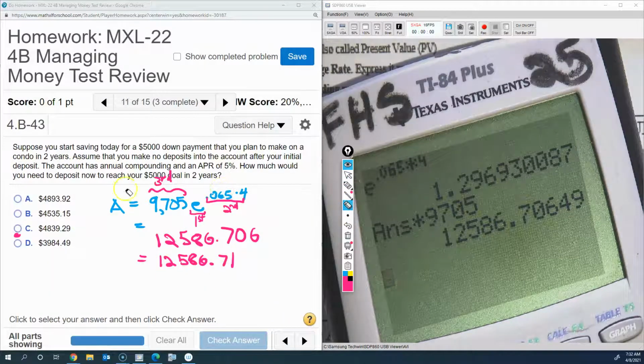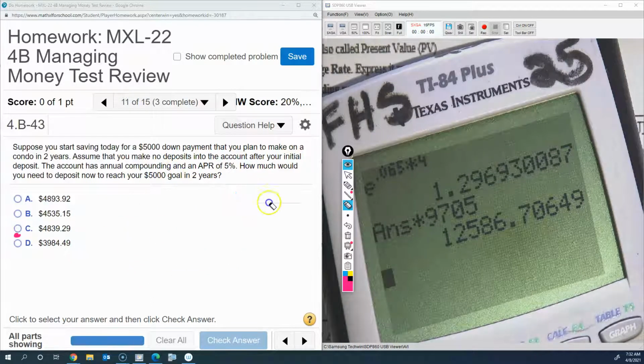All right. Now, when I read this one, this is gonna be one of those where you gotta figure out what do you start with. So suppose you start saving for a $5,000 down payment. So this is your goal. This is what A is gonna equal. And you've got 2 years to do it.